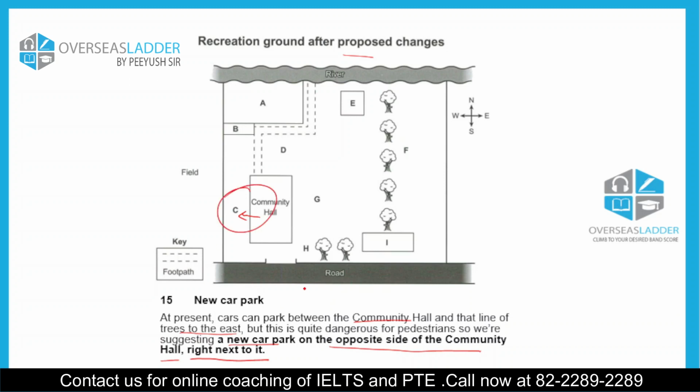So this car park would be C. So the vocabulary: opposite side of the community hall, and right next to it. We must know the meaning of right next to it. It basically means something is right beside something else, right? So right next to it means something which is very close to that. So let's move to the next question.